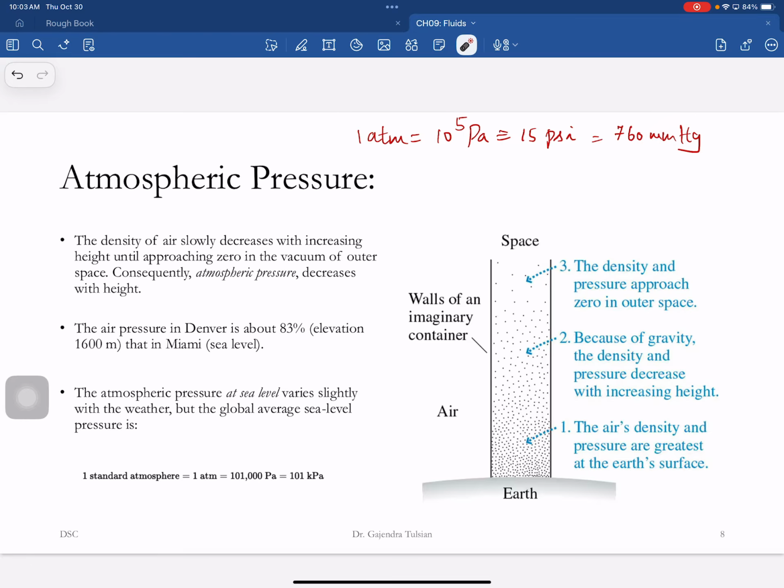So when you say your blood pressure is 120 by 80, that's 120 by 80 millimeters of mercury. 120 is the systolic pressure, and 80 is the diastolic pressure. And we'll talk about that. The atmospheric pressure at sea level varies slightly with weather, but the global average pressure is 100 kilopascals.